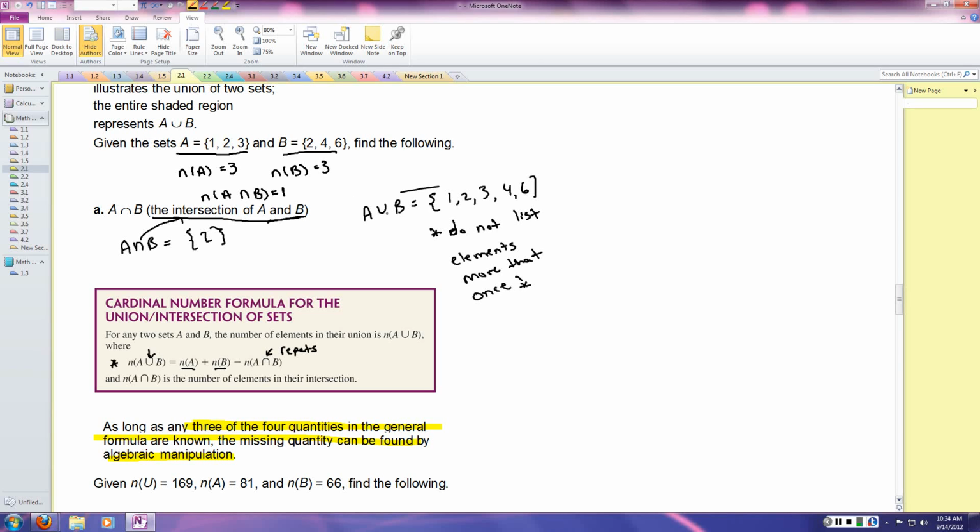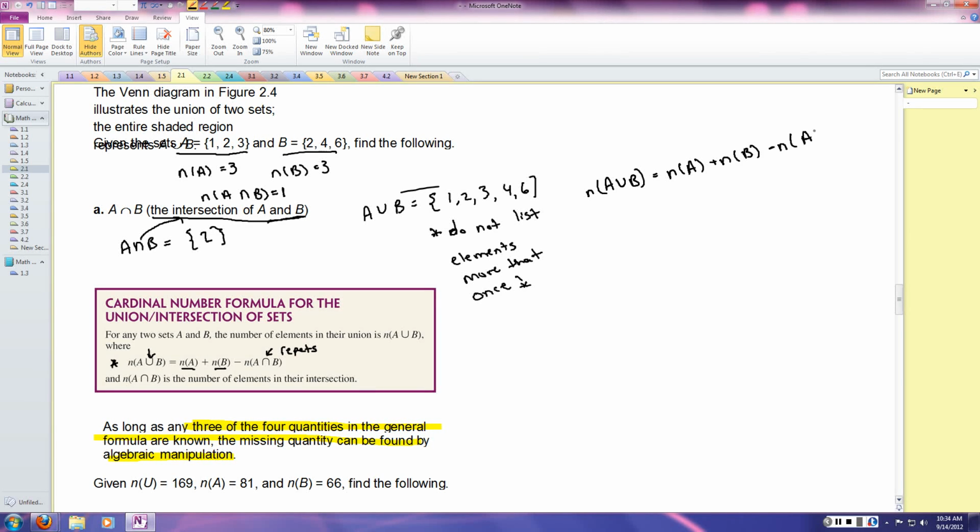So if I wanted the number of elements in A union B, I take the number of elements in A plus the number of elements in B minus the number of elements in the intersection, A intersection B. So in this example I take 3 plus 3 minus 1, which would give me 6 minus 1, which would give me 5. That tells me there's 5 elements in the union of the sets.